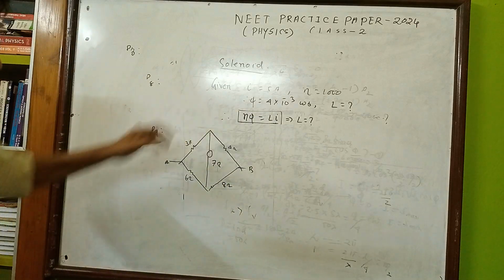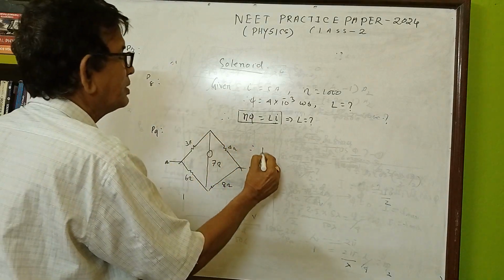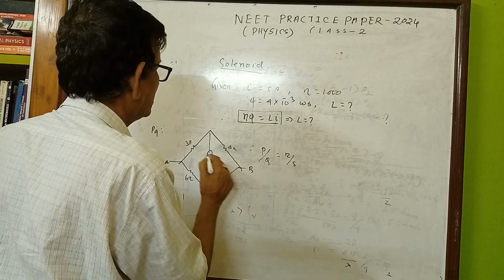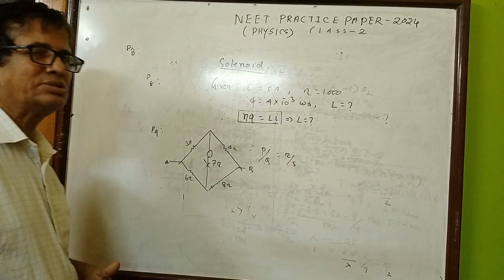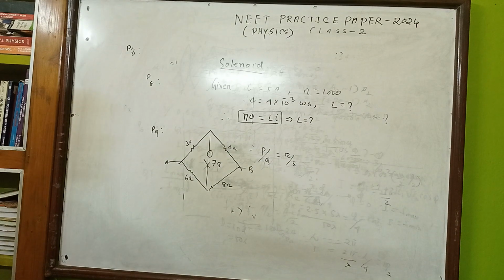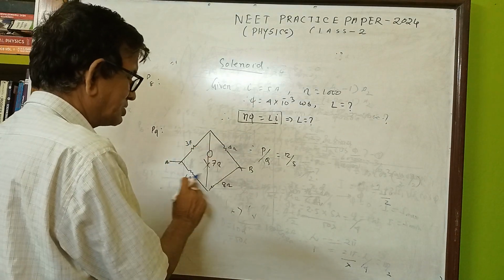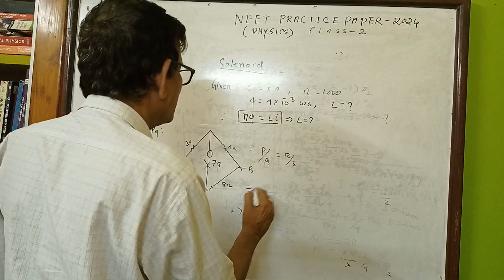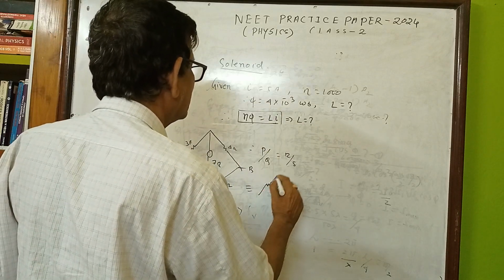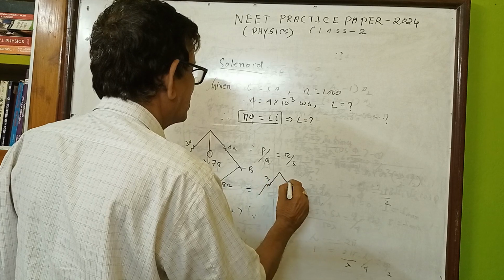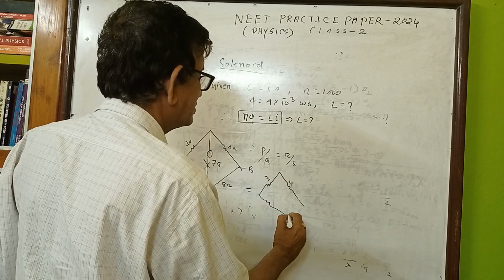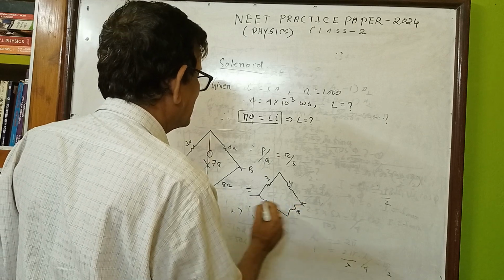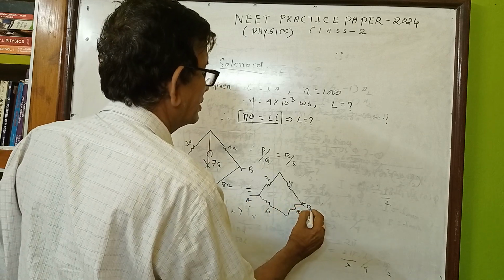You show this ratio P by Q, already you know P by Q equal to R by S, then this resistance is not taken into account, there is a null condition. So 3 by 4, 6 is to 8, 3 is to 4. Then the equivalent circuit will be 3, 4 and 6, 8. The question is, what is the resistance between AB?